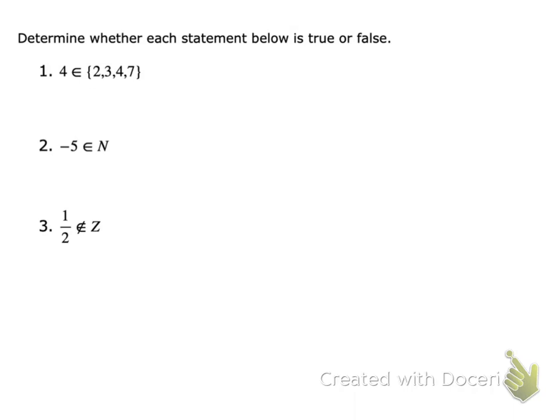So we're going to determine for these ones whether each statement is true or false. Is it true or false that 4 is an element of the set {2, 3, 4, 7}? True. Is it true or false that -5 is an element of the natural numbers?